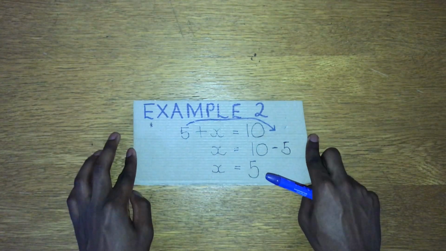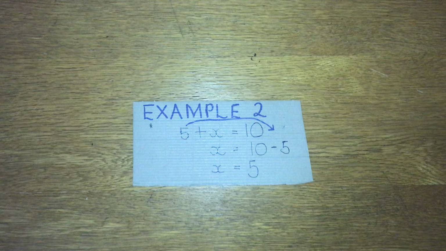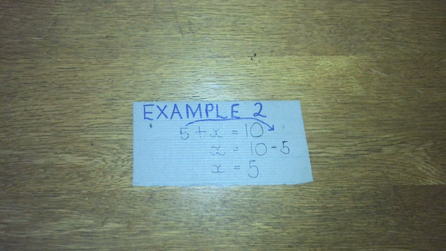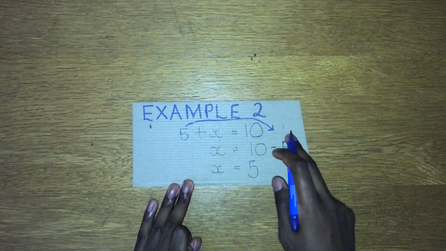Now, much similar to our previous problem, we have 5 plus x is equal to 10. The first thing we have to do is to group the like terms. 5 plus x is equal to 10, as it is directly, cannot be solved. So, similarly to what we did to our previous equation, we subtract 5 from both sides.